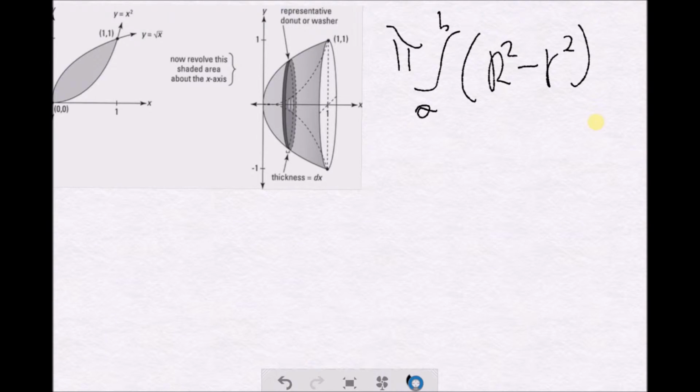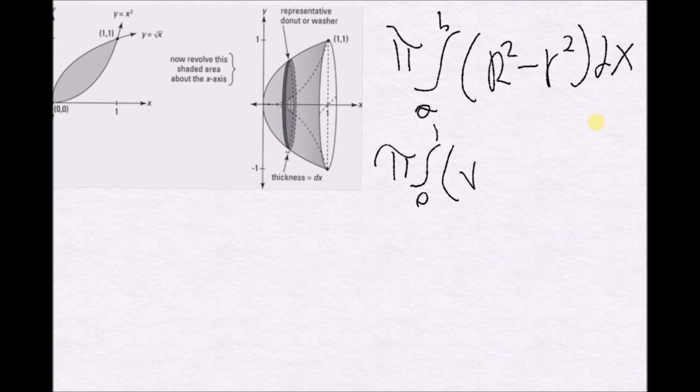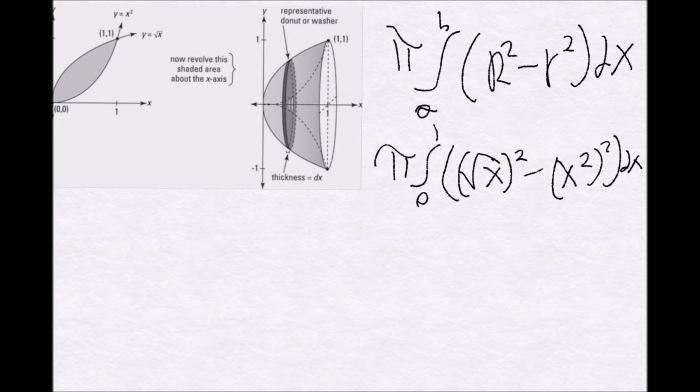Big R in this case is going to be root x, because that's the function on top. Big R is always going to be the function on top because we're subtracting the smaller area away from the total area that the big one would have had. And so little r is x squared because it's on the bottom. We're subtracting that area away from the area that root x had.